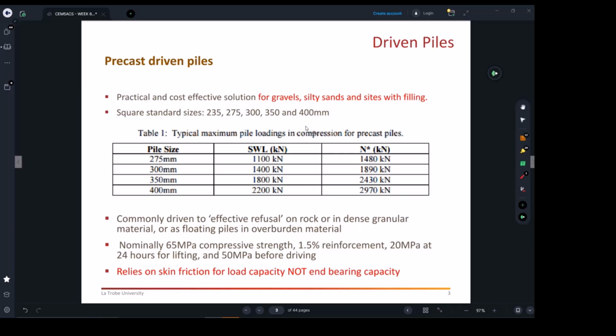The shape of those piles is typically square, and they can have different sizes. And obviously whenever the size goes up, the service working load goes up. This is the service working load, and this is the ultimate load.